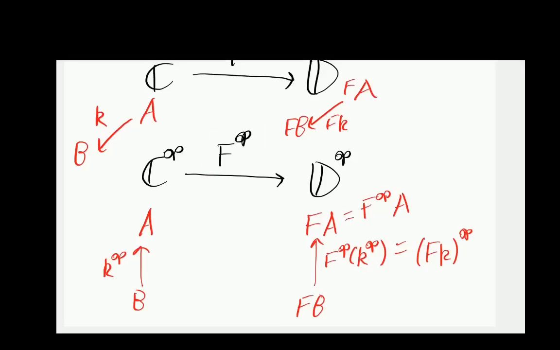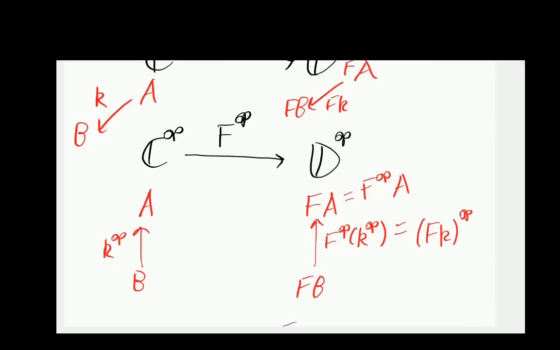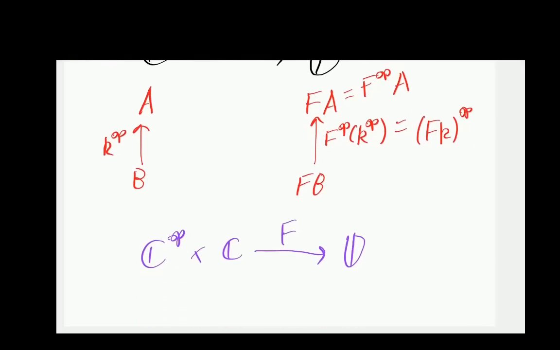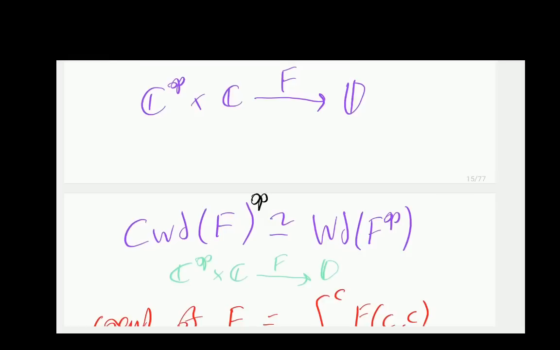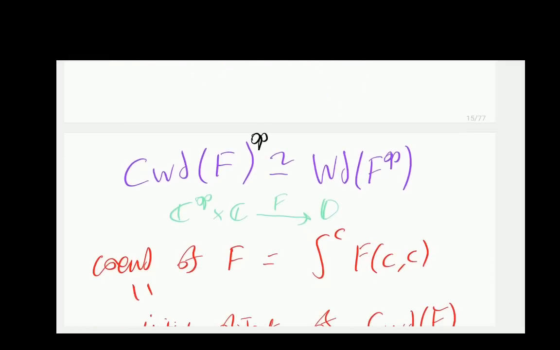So, why am I mentioning this? I'm mentioning it because it's going to allow us to see the connection between wedges and co-wedges pretty easily. So let's do that now. This is going to give us the main kind of duality that's going to double our benefits from thinking about coend calculus. This is the fundamental result here.